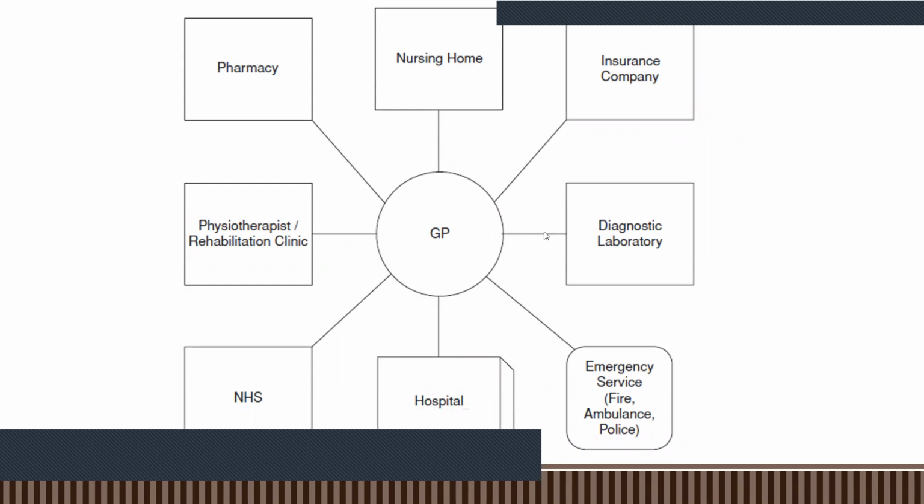How these are linked together is shown here. So there is a linking of pharmacy, nursing homes, insurance companies, diagnostic laboratories, emergency services, hospital, NHS, and other clinics. All these services are then linked together.